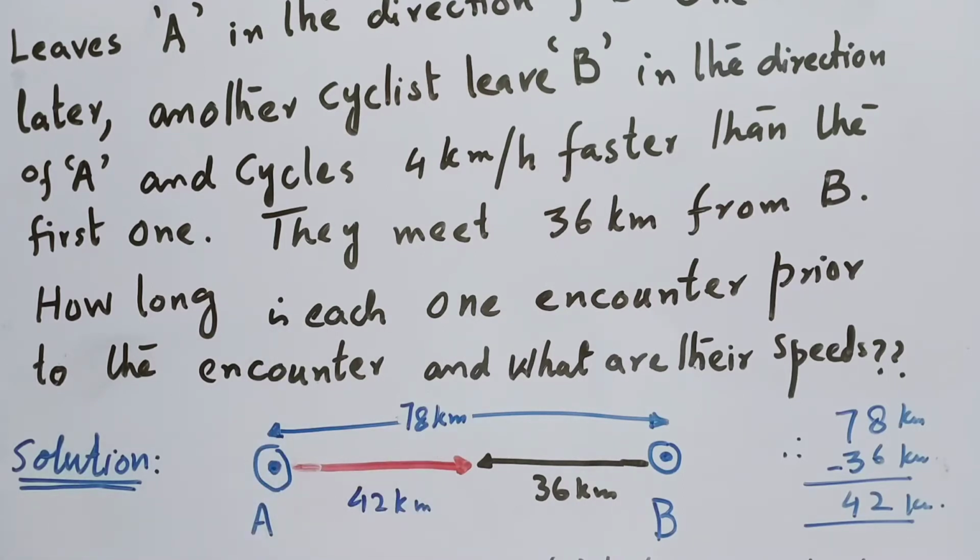A cyclist from A starts cycling at the speed of x kilometer per hour, and 1 hour later another cyclist starts from B to A, and they meet at a distance of 36 kilometer from B. What is the time consumed in this journey, and what are the speeds, we have to determine.